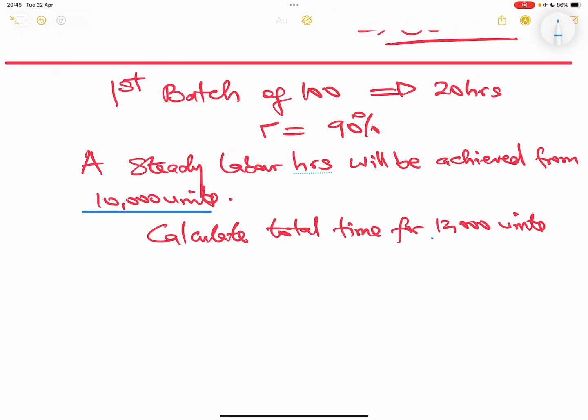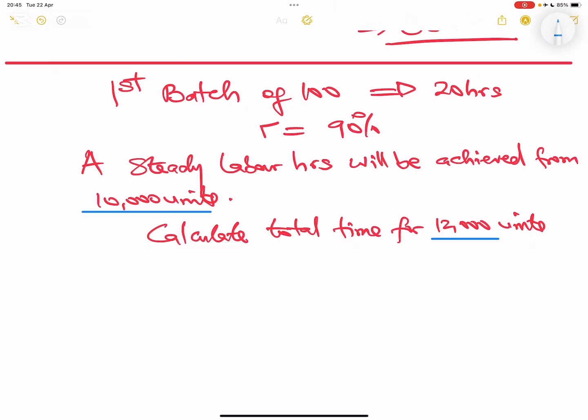So if you are going to produce 12,000, there is 2,000 extra that would not benefit from any learning. So whatever rate of hours we use to manufacture that 10,000, the last batch of 10,000 units would definitely be the same hours rate that will be relevant for the remaining 2,000 units. So this is a good question to actually practice.